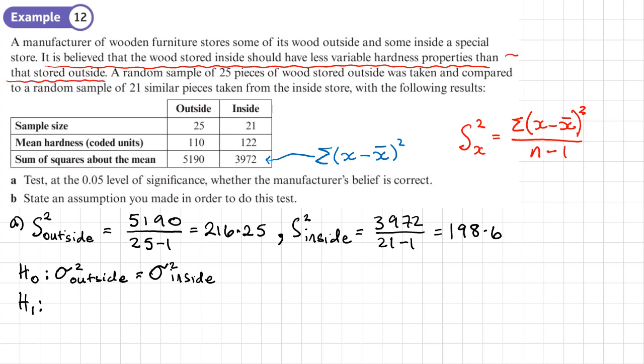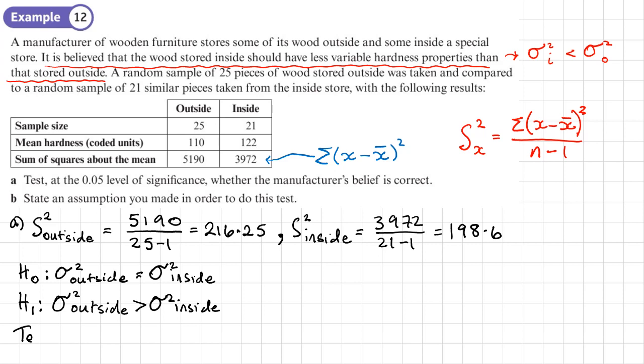So inside variance, I'll just use I for variance, should be less than the outside variance. So I want to write it with the largest variance first, so just flip that around. Variance of outside greater than the variance inside.